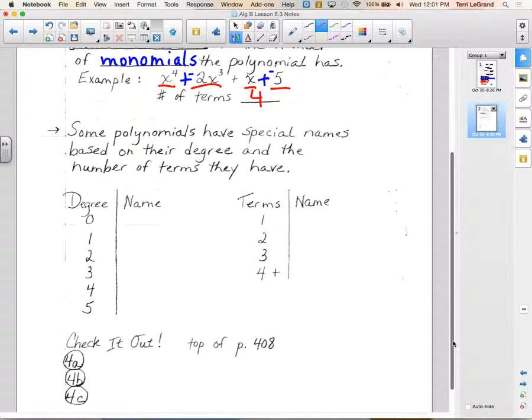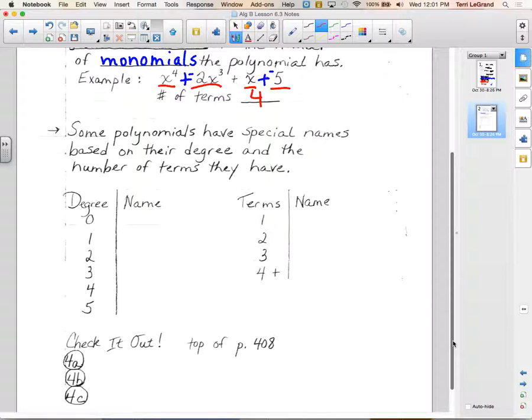Some polynomials have special names, and we're going to learn them. Their special names are based on their degree and the number of terms they have. If it is a degree 0, we already talked about degree. If something is to the 0 power, what is it? It's 1. But what kind of monomial has an x to the 0 power?